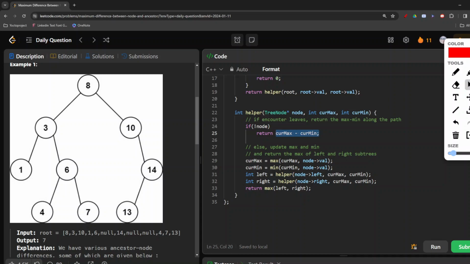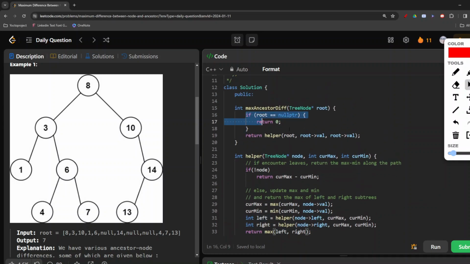So whatever difference is stored in the left and right subtree, whichever is the maximum would be returned at this point. That's why we are returning the maximum of left and right. It would be returned to the parent function, and then we will get our final answer.